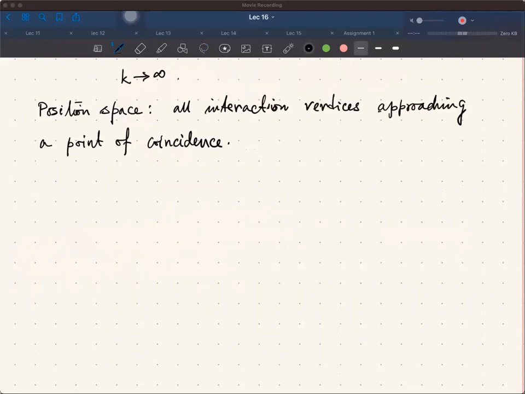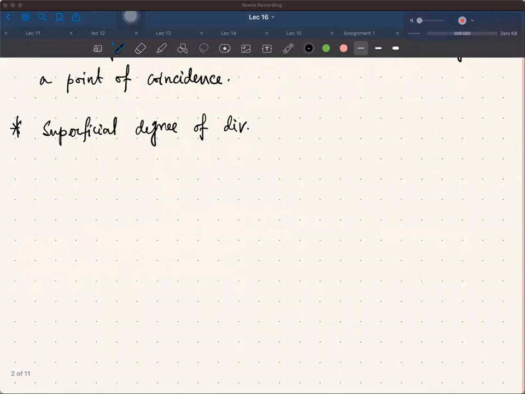Then we introduced the superficial degree of divergence. That's given by omega equals L times D minus twice N. D is the dimension, L is the number of loops, and N is the number of internal lines.